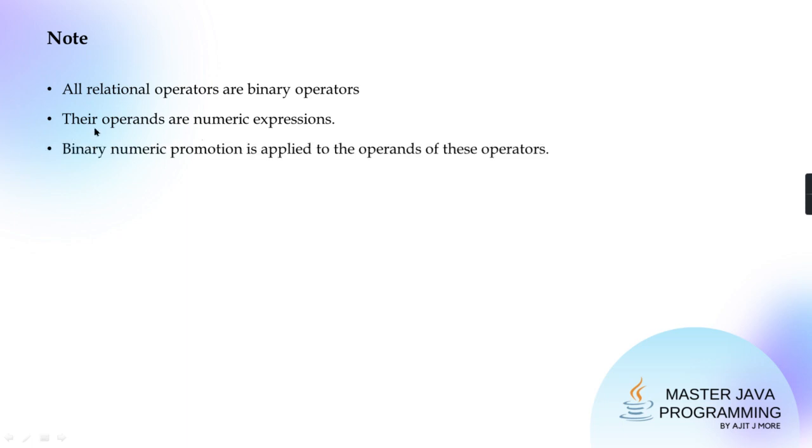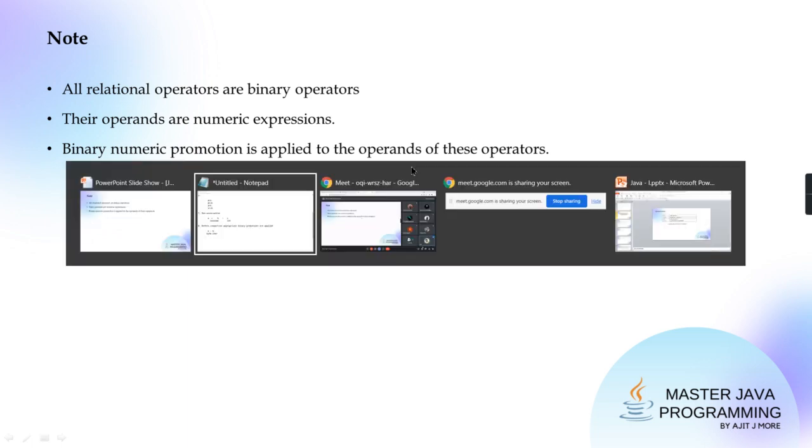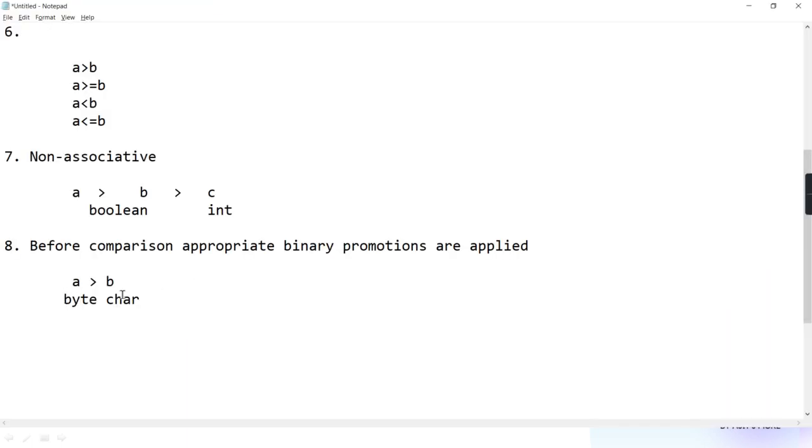That is my guarantee. Third point, binary numeric promotions are applied. Getting? So I told you, if you are comparing between a byte and a character, will it directly compare or first convert that byte to integer? The nearest promotion is integer.